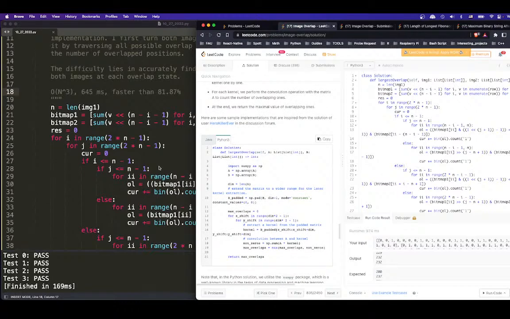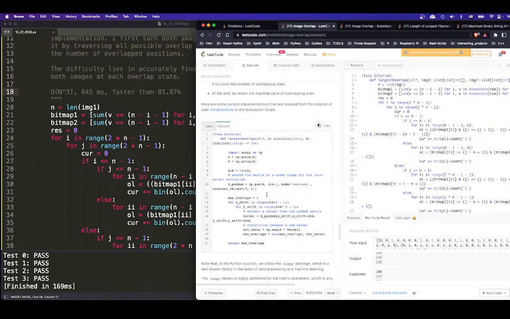I was actually doing convolution, but what's the key thing here? Oh, the shift.